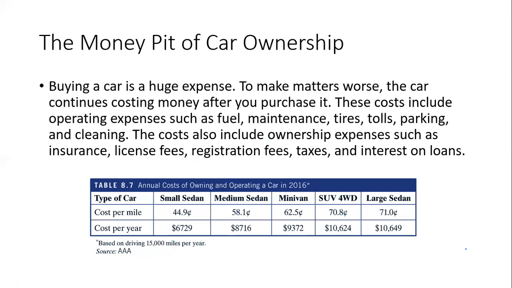You might have flat tires. There are parking fees, license and registration. You have to pay taxes. You will have to clean the car. So there's a lot of other things. The one that we're going to focus on is gas.